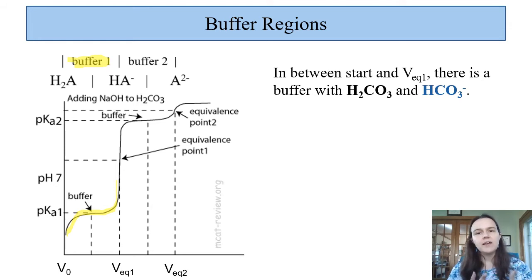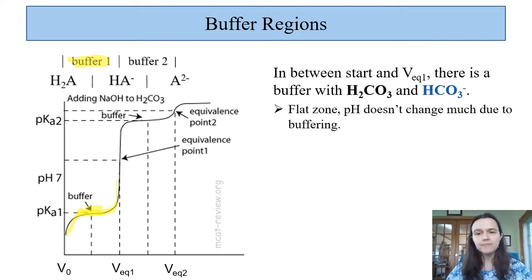The fact that we have H2CO3 being converted into HCO3- means that both of that polyprotic acid and base conjugate pair are present, and thus you have a buffer. You can really see the buffering in effect through here because of the flatness of the curve, where we don't have the pH changing very much due to that buffering effect.